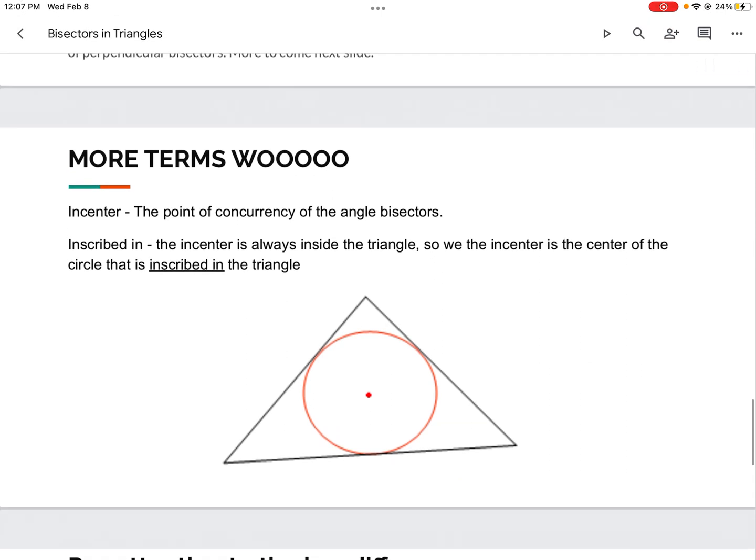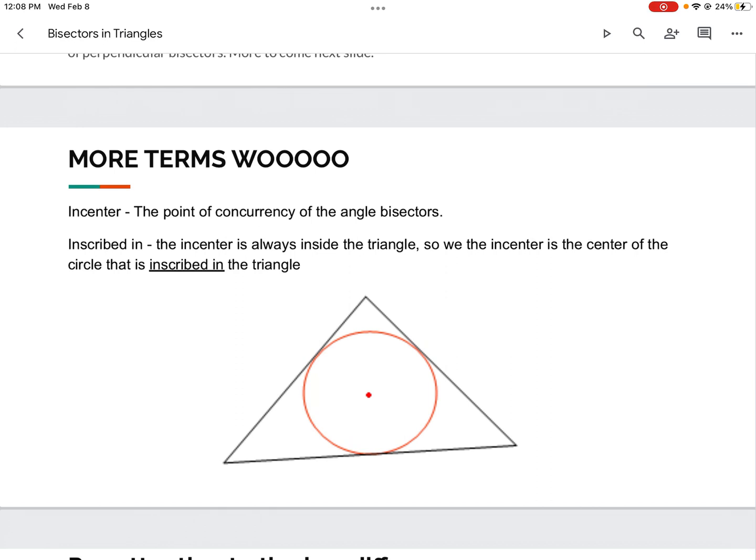These terms are the incenter. So this new point with the angle bisectors, instead of the circumcenter, is called the incenter. It is the point of concurrency, where those three lines meet, of the angle bisectors. And we have a new term.